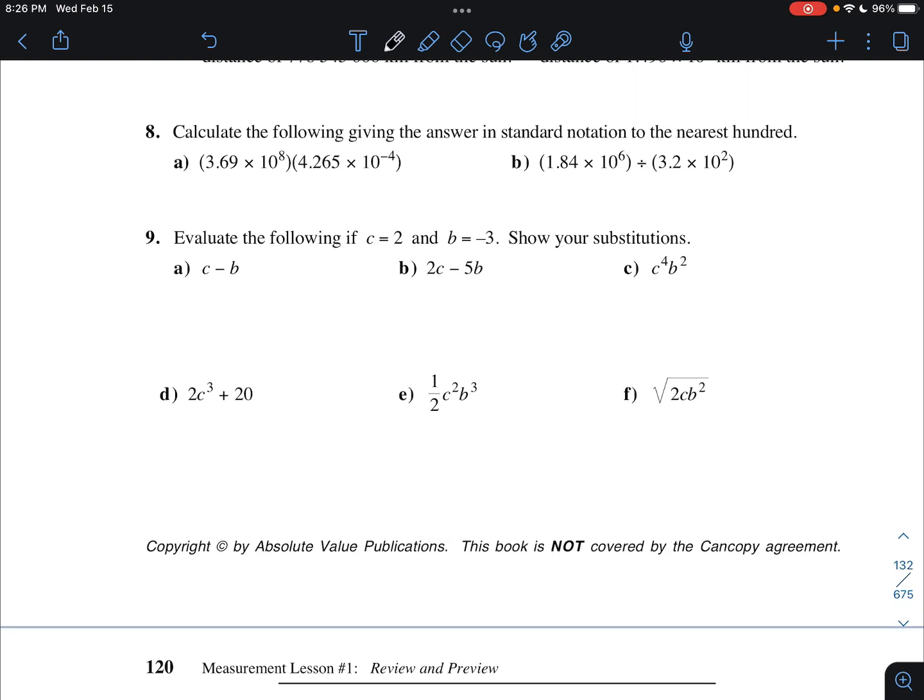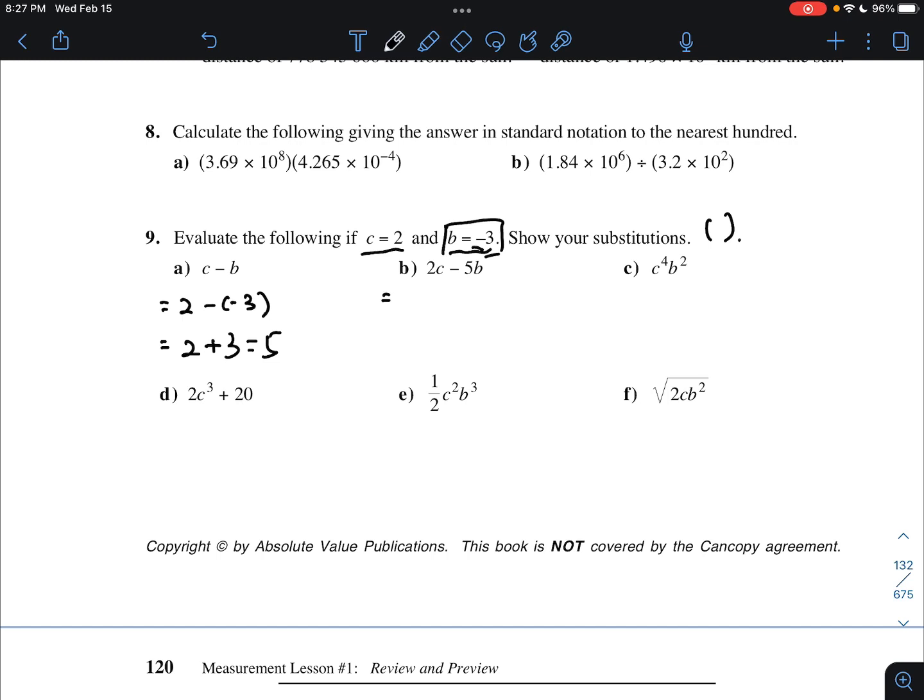Okay, so now let's do 9. Evaluate the following if C equals 2 and B equals -3, and show your substitutions. And remember, for this one you need to write brackets here because B is -3, don't forget the negative. Okay, so the first one, C minus B equals 2 minus -3, and negative times negative is positive, so it's 2 plus 3 equals 5.